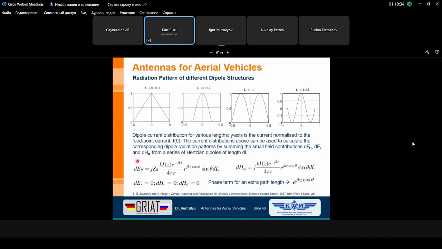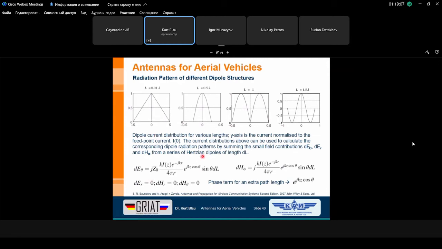It is clear we have now not only the dependence on the angles of radiation, we also have to consider the current distribution along the dipole. In the case of the Hertzian dipole, we only look at the radiation angles, because we could assume that the dipole has a constant current distribution, but this is not given in our case.